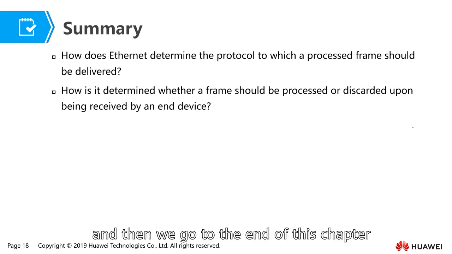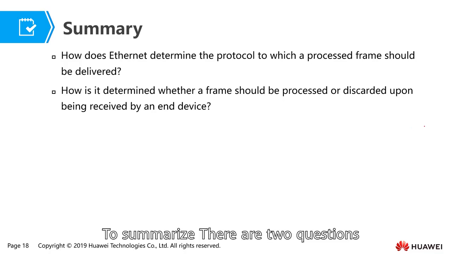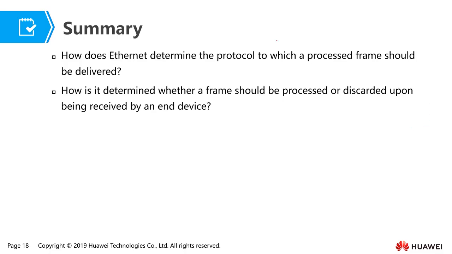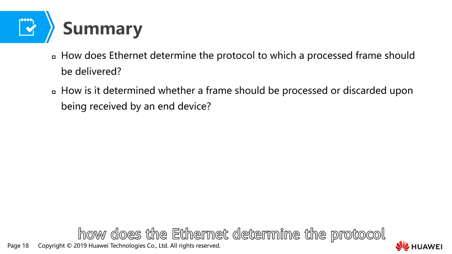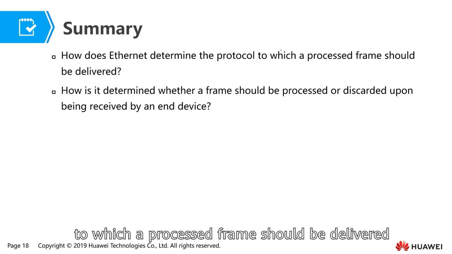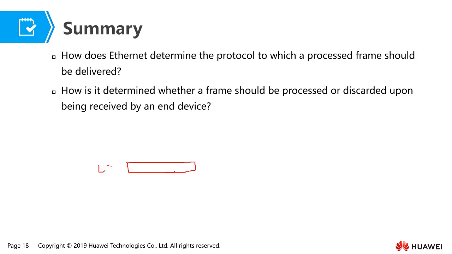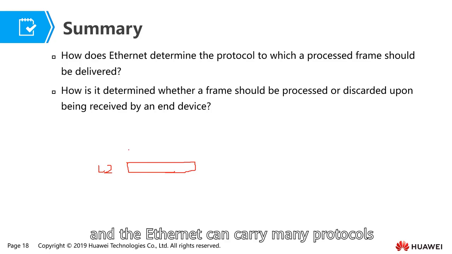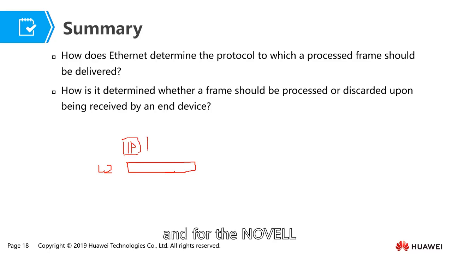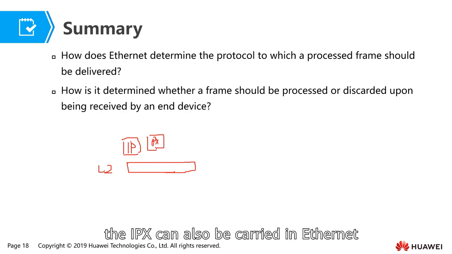Okay, and then we go to the end of this chapter. In the summary, there are two questions. First, how does the Ethernet determine the protocol to which a processed frame should be delivered? That means Ethernet is on layer 2, and Ethernet can carry many protocols, such as the IP protocol, and Novell's IPX can also be carried on Ethernet.